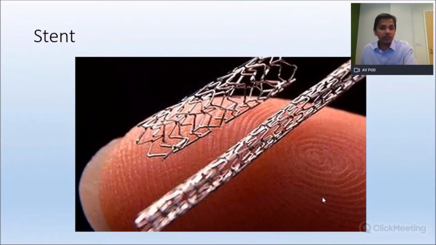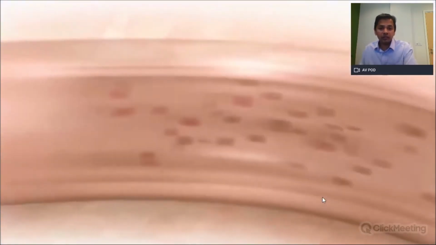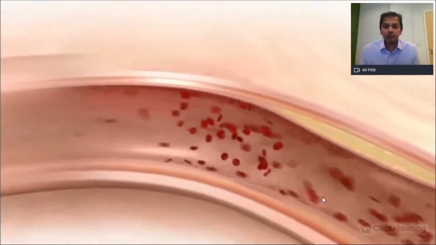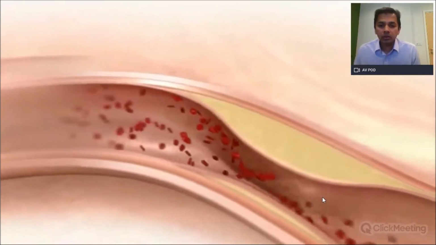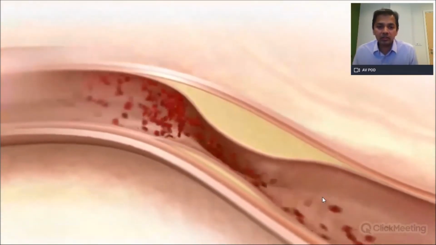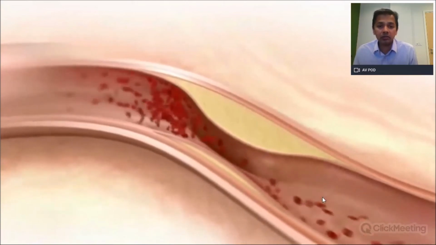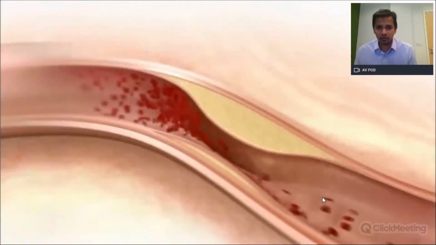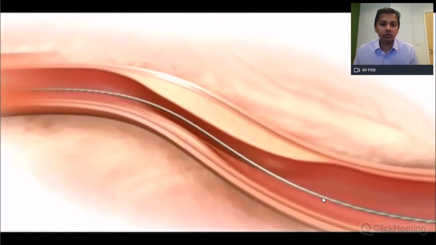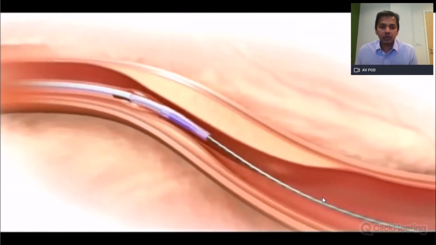And my final slide, I'll just share with you an animation of how a plaque forms. This process takes at least a few years. It causes narrowing of the artery, and it slows down the flow of the blood. And how do you treat it?